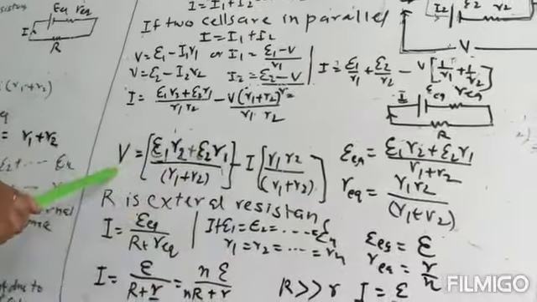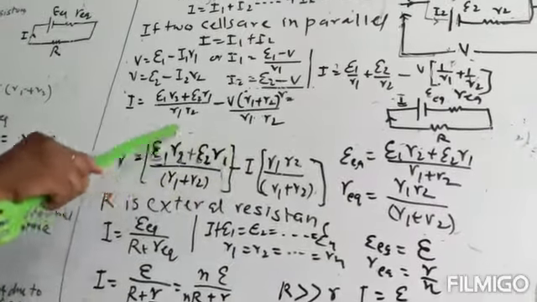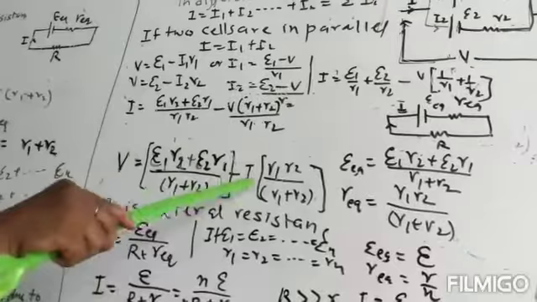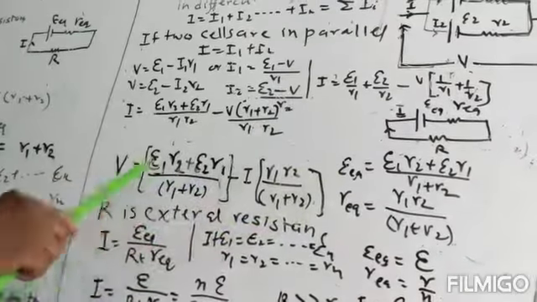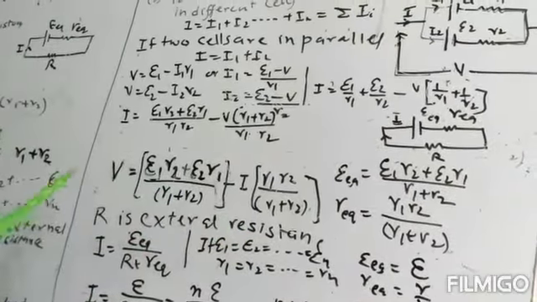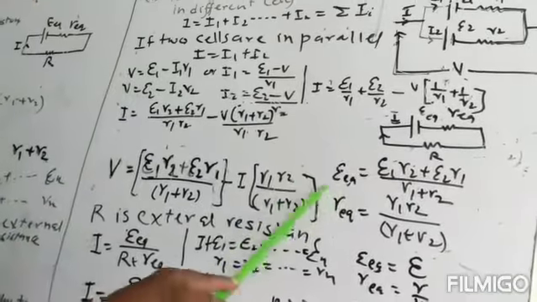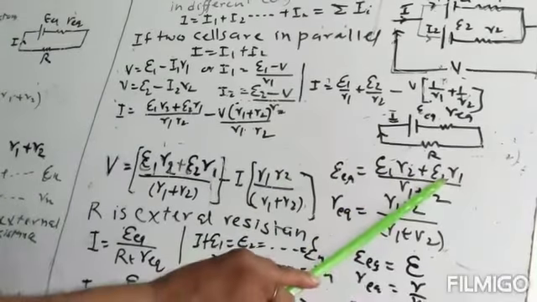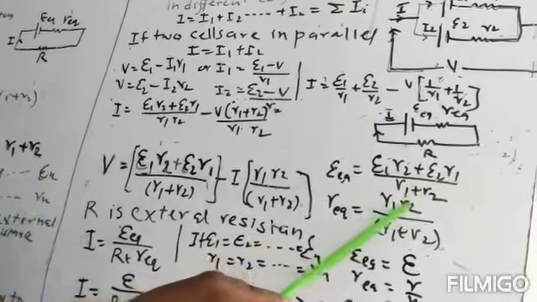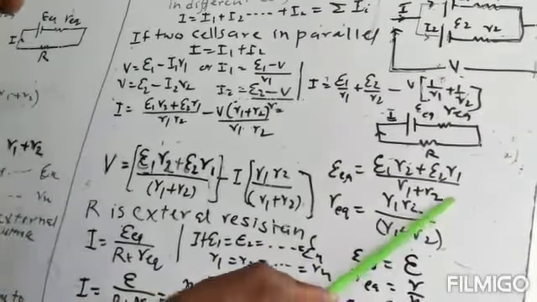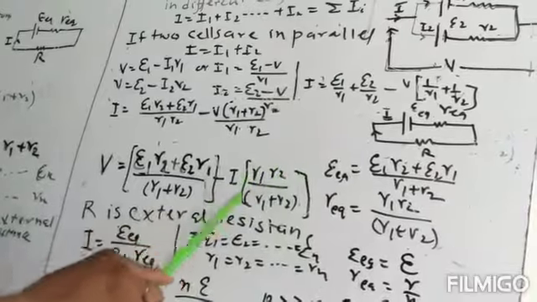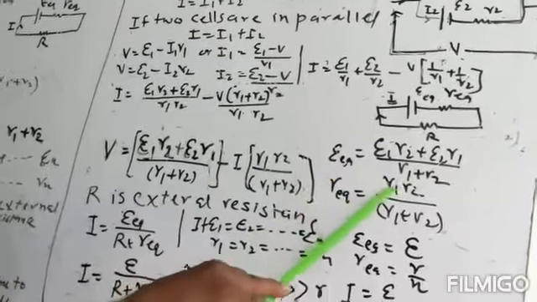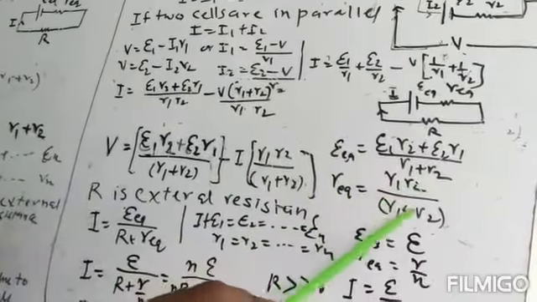So V is equal to the equivalent EMF minus I into the equivalent resistance. The equivalent EMF will be equal to (E1 R2 plus E2 R1) divided by (R1 plus R2). Similarly, the equivalent resistance will be equal to R1 R2 divided by (R1 plus R2).